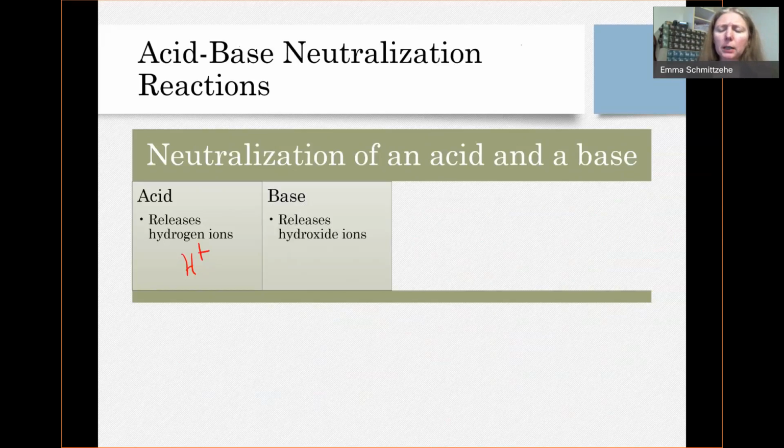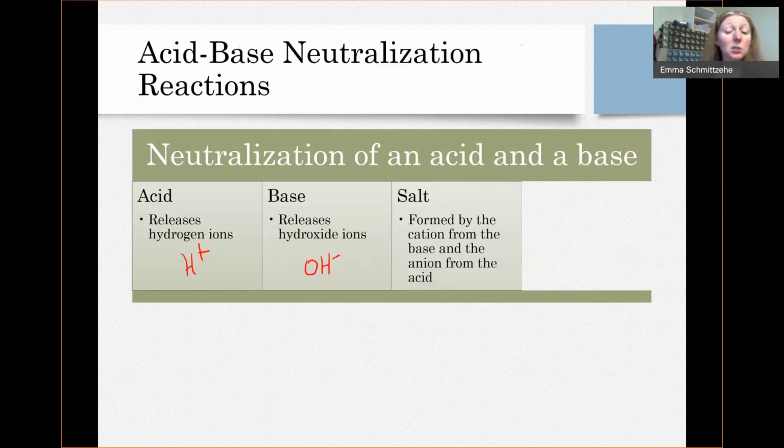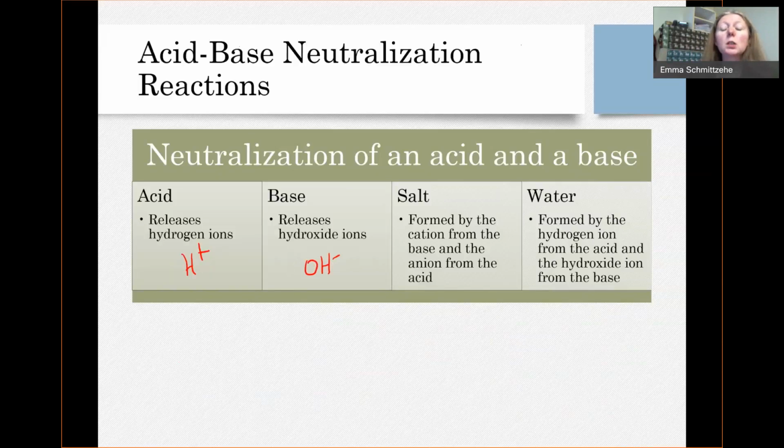So there can be complicated bases. We're going to keep it simple. So when I say it releases hydroxide ion, that means that in that compound initially it contained OH minus bound to some metal ion, and it splits apart and releases that. Okay. And then what forms as a result is a salt and then water. Okay, so the salt is actually formed by the missing pieces of the acid and base.